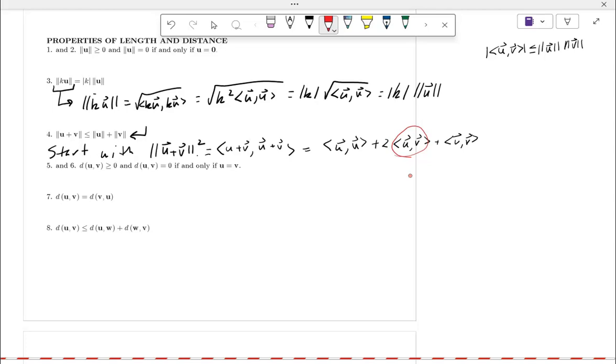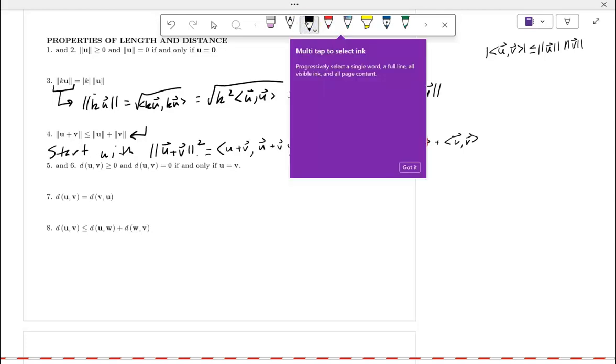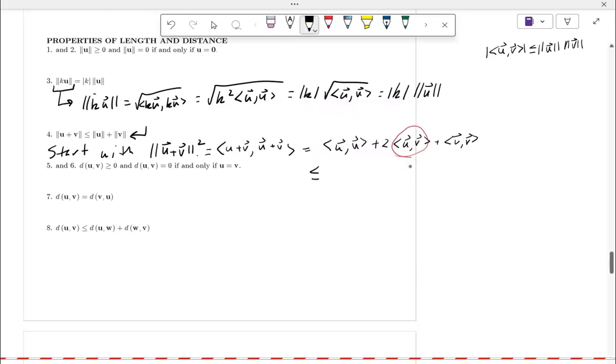But of course, if I replace this with the absolute value, does it get smaller or does it get bigger? Could it get smaller if I replace it with the absolute value? No. If it's positive, it stays the same. If it's negative, I make it bigger, right? So if I replace that with the absolute value, I get an inequality that goes this direction.